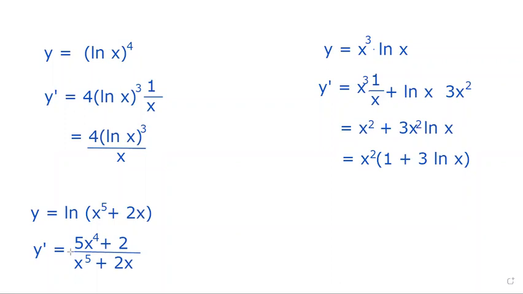So the rules don't change much, but we have to make sure that we're comfortable using the derivative as it relates to the natural log of x and our natural log of functions. And it's the same down the road. We're going to use the same thing with the natural exponential function. So this is just different ways that we use the chain rule, product rule, and the derivative of a natural log function.